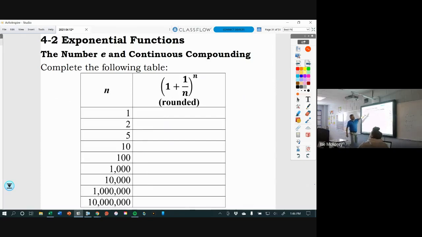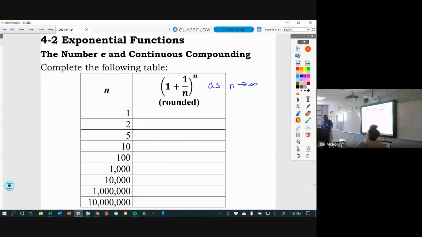Okay, e, just like pi, is an irrational number. It has a specific value. That value can be obtained by the expression (1 plus 1 divided by n) raised to the nth power as n approaches infinity, which means n never ends.